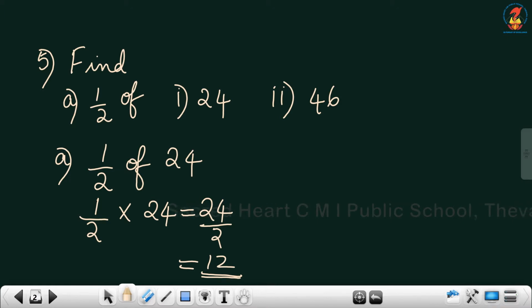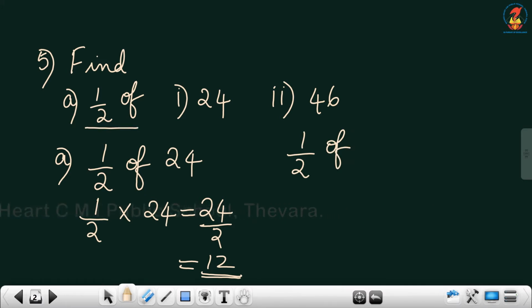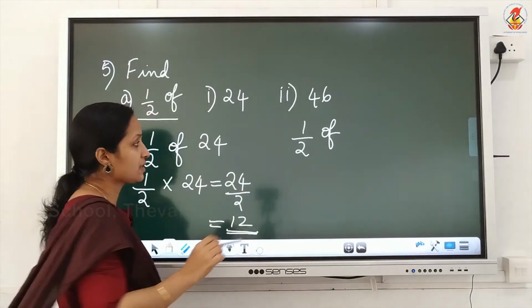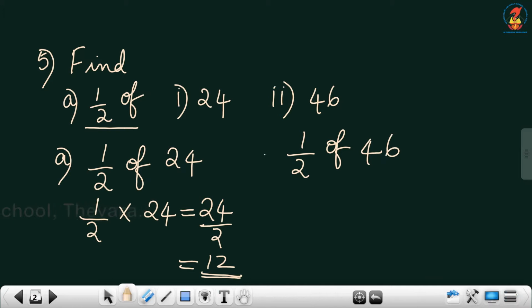Clear? Okay. Now second part, 1 by 2 of 46. What does it mean? 1 by 2 of means multiplication, 1 by 2 into 46.